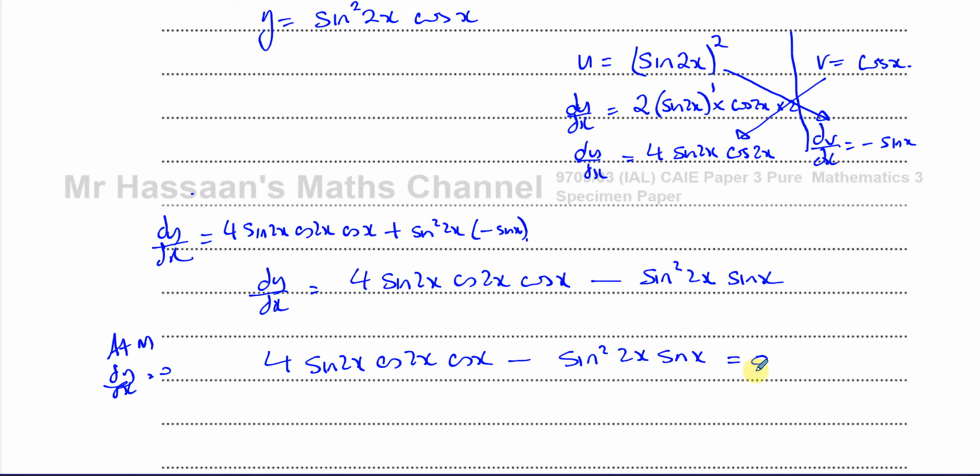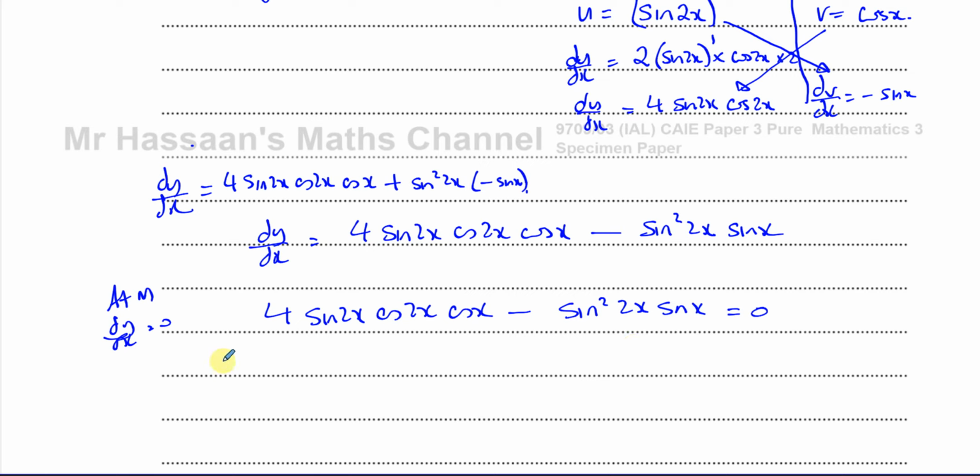To make this simpler, we can see there's a common factor of sine 2x in both of these terms. So I can take sine of 2x out as a common factor, in which case I'll be left with 4 times the cosine of 2x times the cosine of x minus the sine of 2x times the sine of x equals 0.